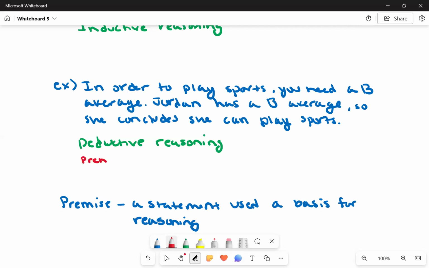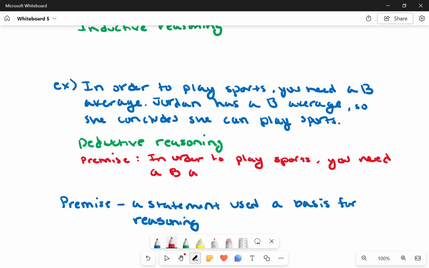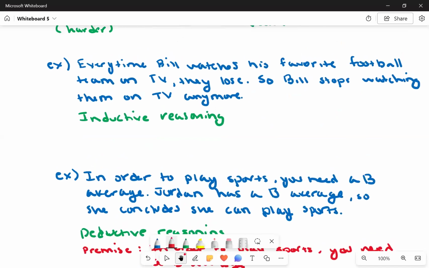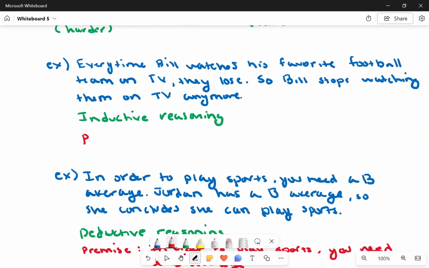So in this problem, the premise is in order to play sports, you need a B average. In the previous example, the premise is every time Bill watches his favorite football team on TV, they lose.